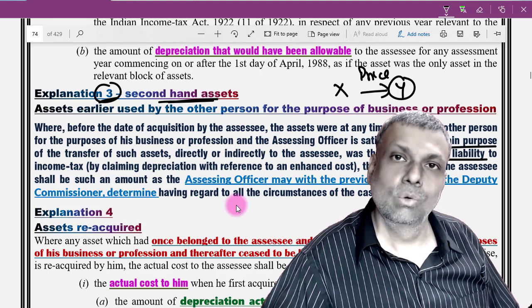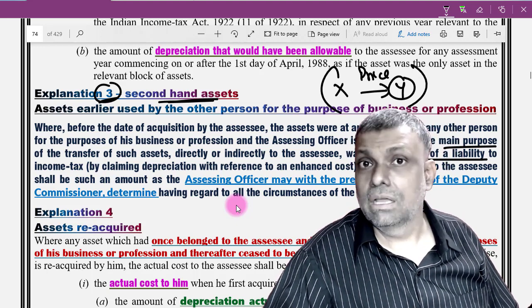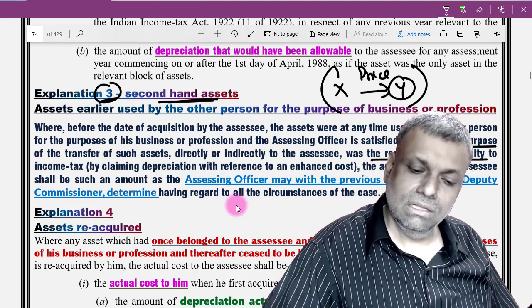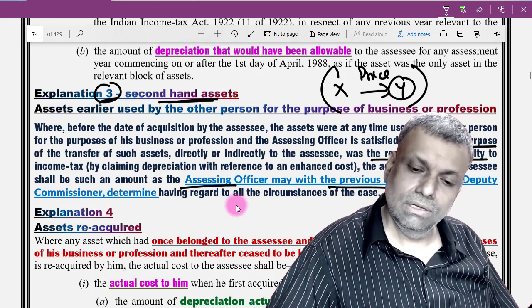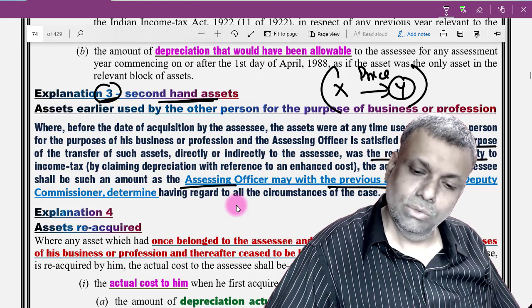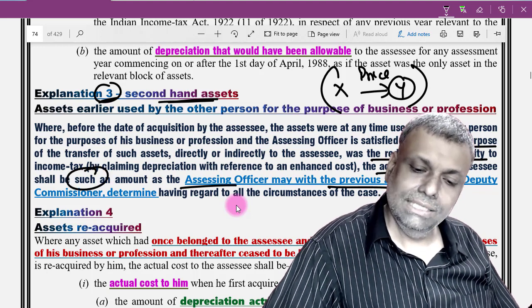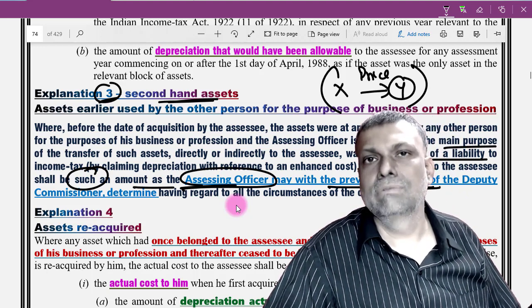Escalated depreciation means lower income, and lower income means lower tax. So if this price is an unfair price, which is what this law is trying to say, then the assessing officer may, with the previous approval of the commissioner, consider the fair value as the cost. So in this situation, actual cost to the assessee will be such amount as determined by the officer, which means fair value.